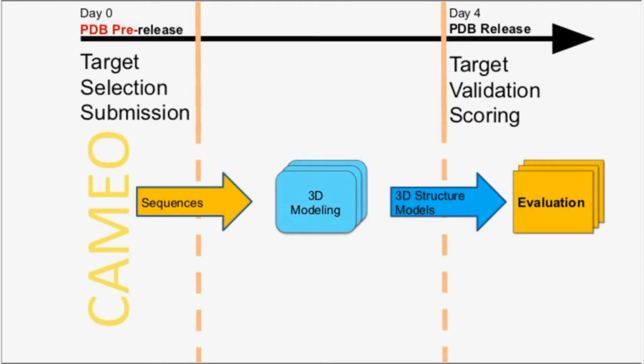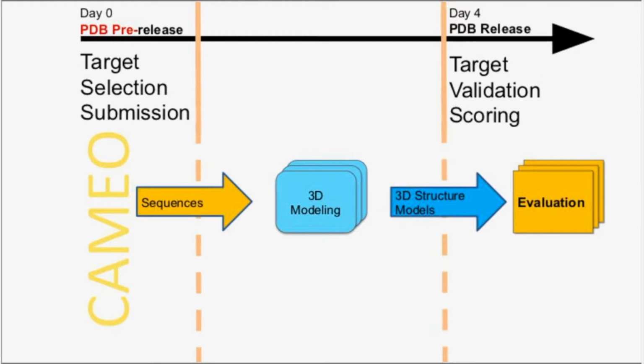It basically hinges on the PDBe pre-release of the amino acid sequences, which is part of the PDBe weekly release cycle of macromolecular structures. On such a day, the PDBe pre-releases the sequences of amino acids and the ligands that are part of the structures that will be released on Wednesday.